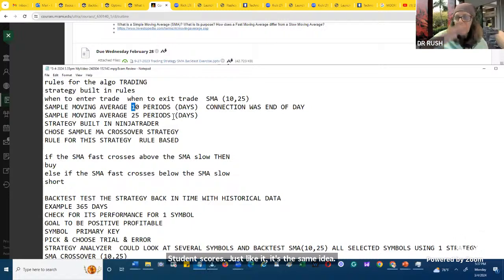Questions? So that's backtesting. What is backtesting? Backtesting is looking back in time, just like the word, using what kind of data? Historical data, to see how well the strategy that we used did.